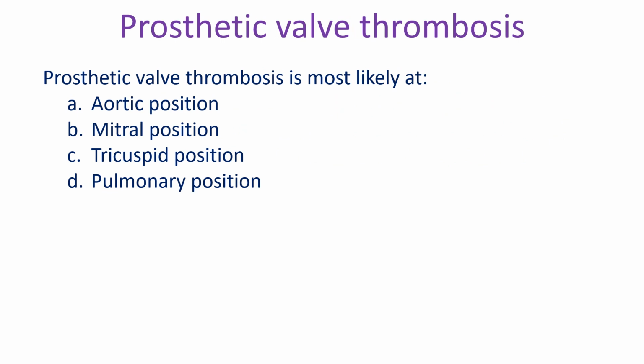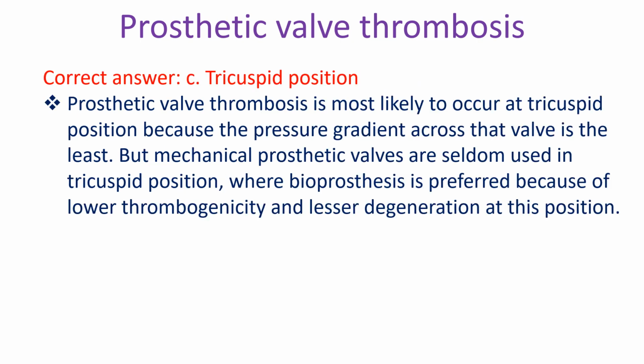Prosthetic valve thrombosis is most likely at A. Aortic position, B. Mitral position, C. Tricuspid position, D. Pulmonary position. Correct answer C. Tricuspid position. Prosthetic valve thrombosis is most likely to occur at tricuspid position because the pressure gradient across that valve is the least.